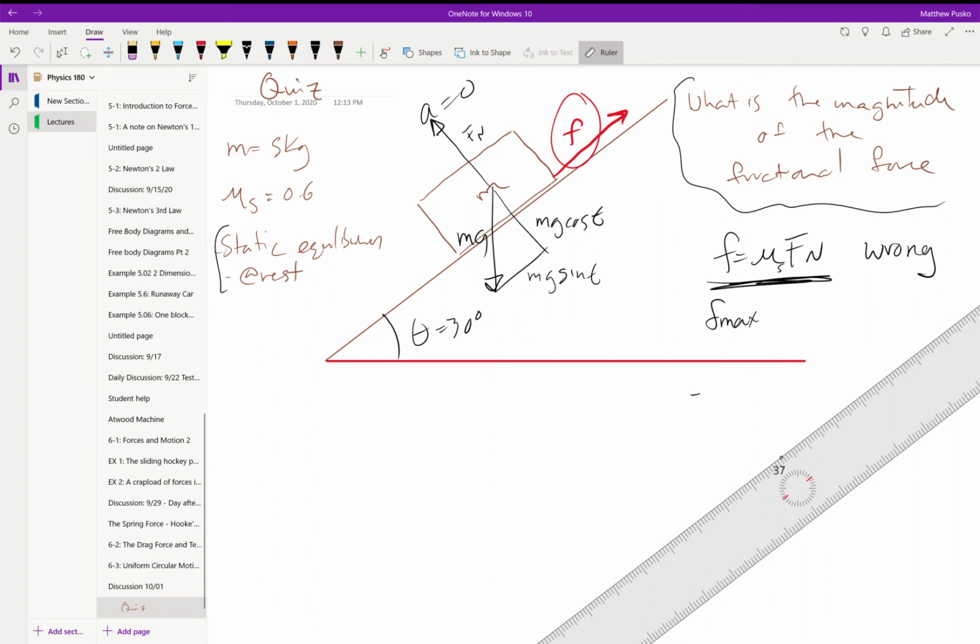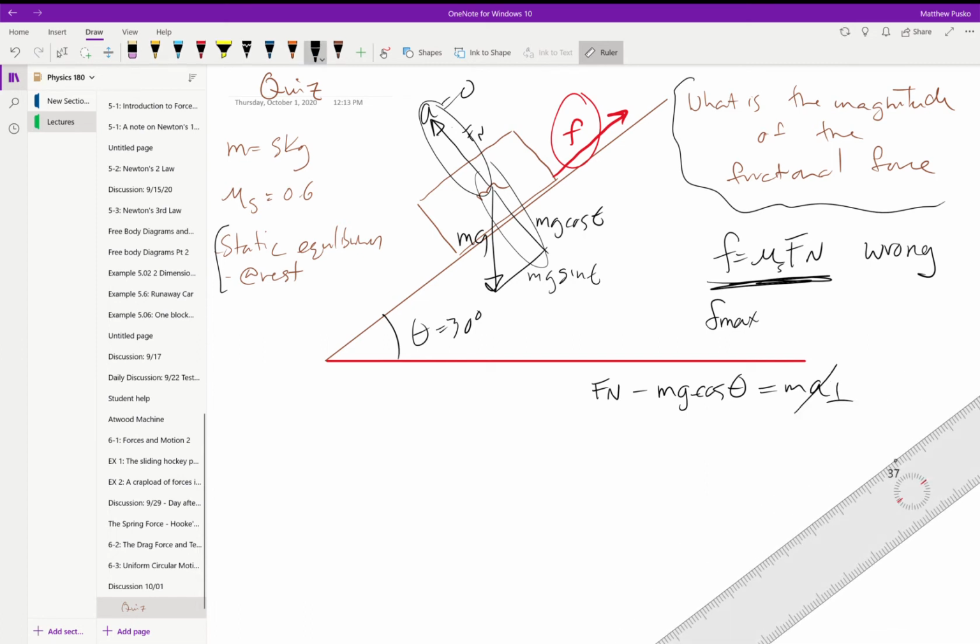Let's sum the forces real quick. If I look at the perpendicular direction, we have a normal force going up, mg cosine theta going down, and that equals the mass times the acceleration in the perpendicular. There is no acceleration, so we can cross that out, and we get the normal force is equal to mg cosine theta.